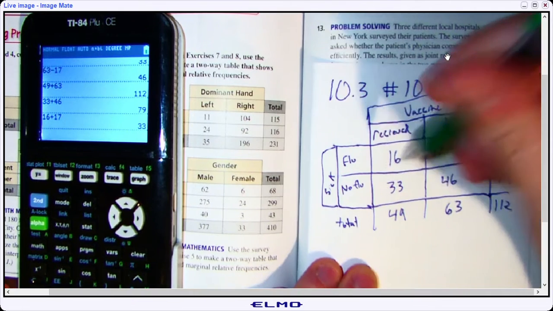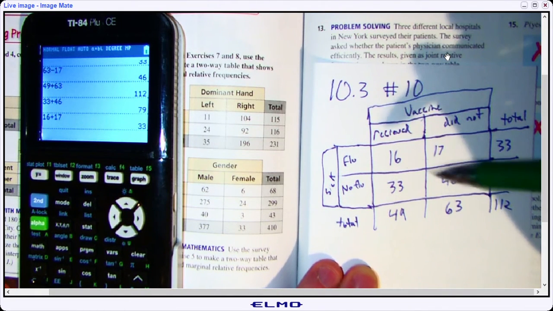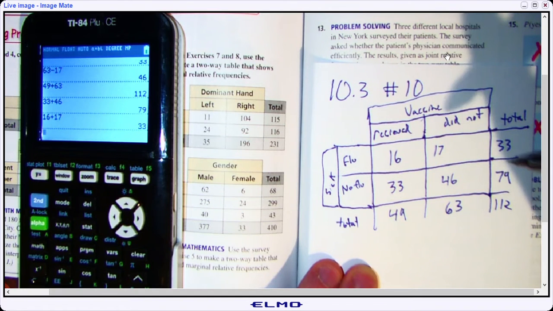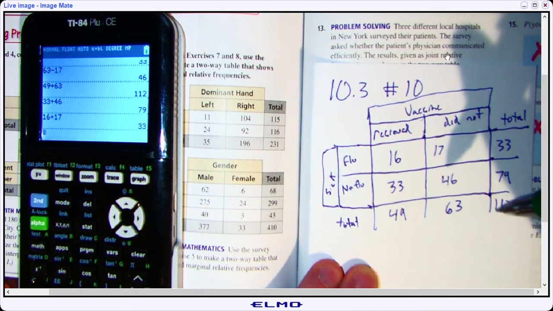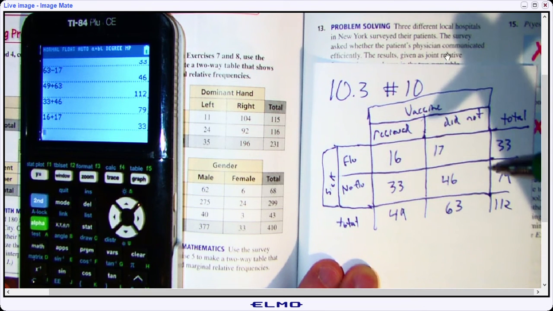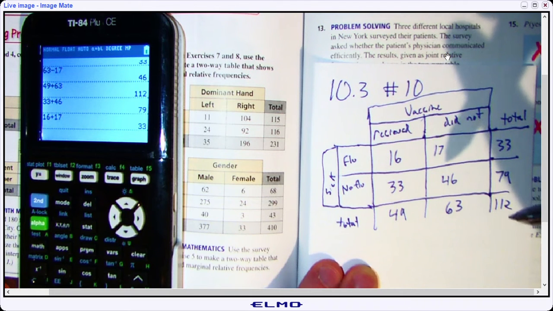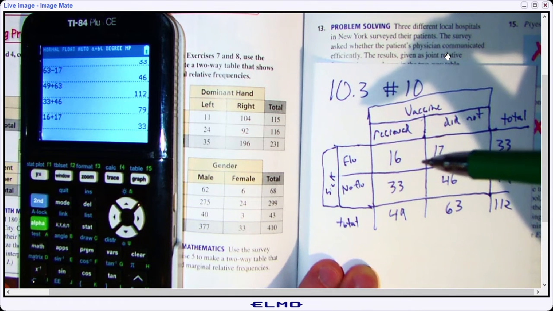So to find the relative frequencies, once we've set all this up, relative is just some percentage of the whole, right? Well, I know 112 people, that's how many people were in this study in total, right? So if I want to find the percentages of the whole, I'm just going to go around and put all these numbers over 112, and that gives me my relative frequencies.